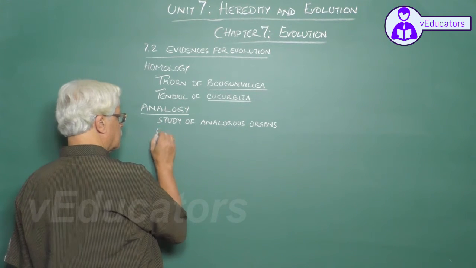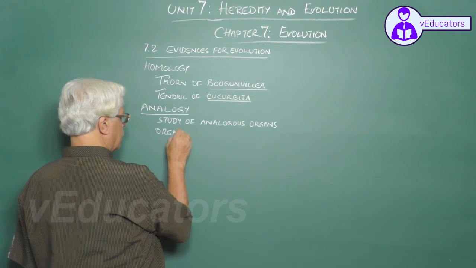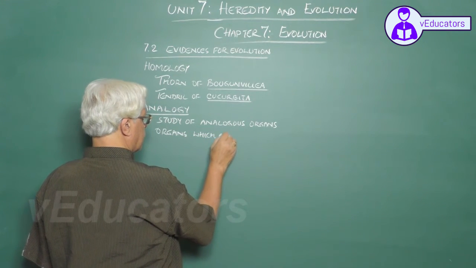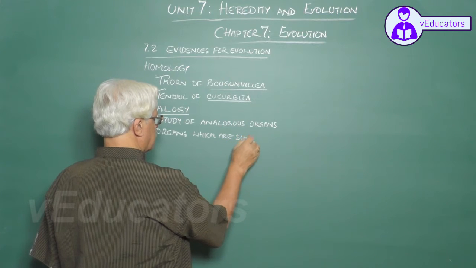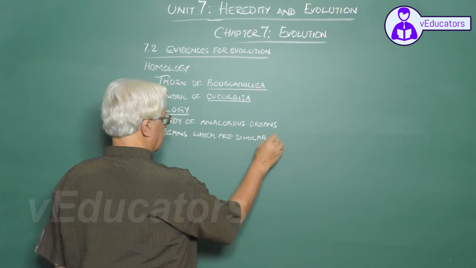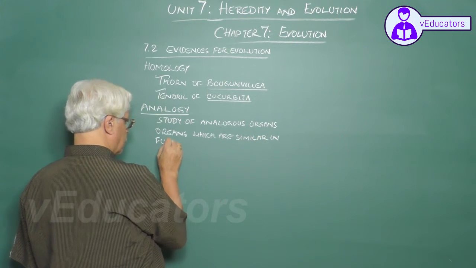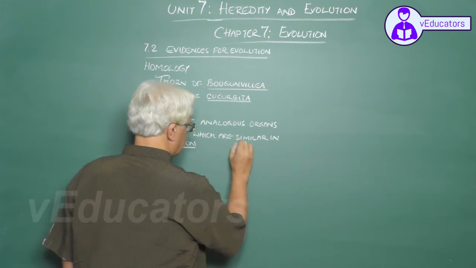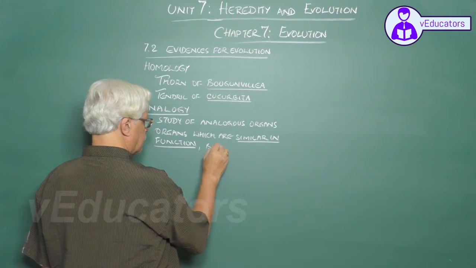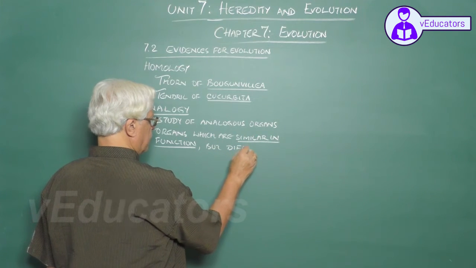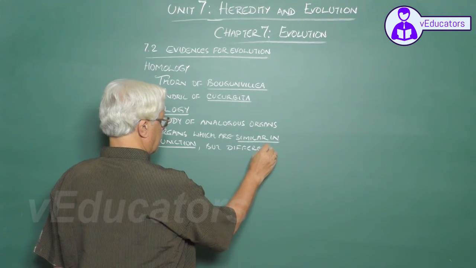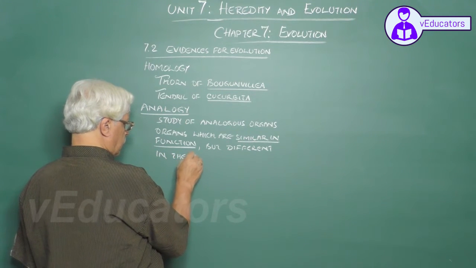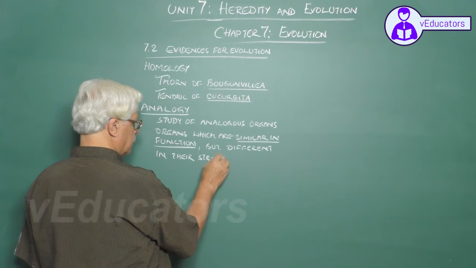Analogous organs are organs which are similar in function, but different in their origin and structure.